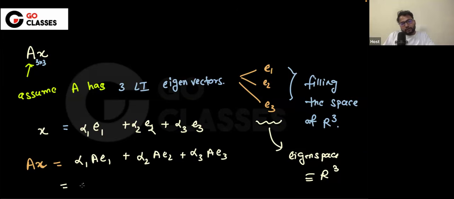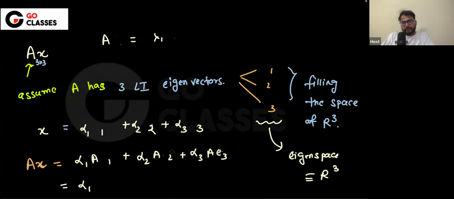Okay. So what is this? A into e1, see, if it is an eigenvector, then this is lambda 1 e1. Or if we are a little bit confused about e1, then let me write V1, V2, V3, which is fine, because e1, e2, e3 are generally used for the standard basis.